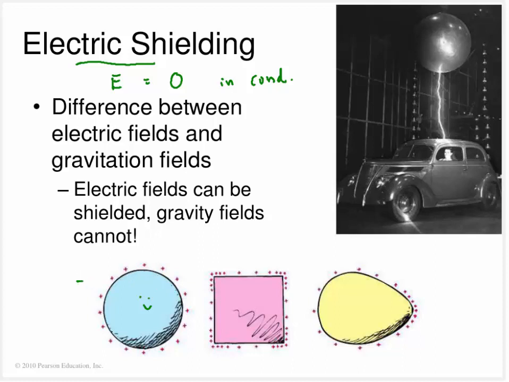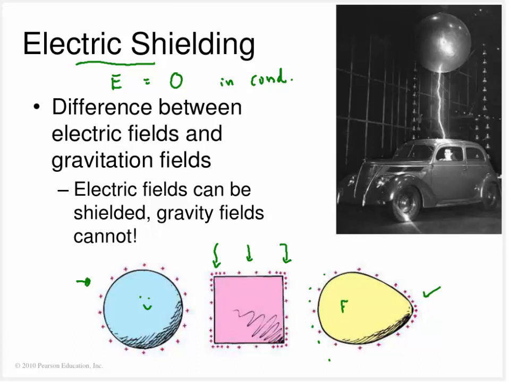If this was a nice, uniform thing, it's going to distribute like this. If it were slightly less uniform, there's going to be more charge bunched up in the corners, say right here, than in the middle. And you could go in between them. There's going to be more charge bunched up over here than over here.